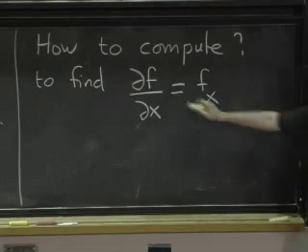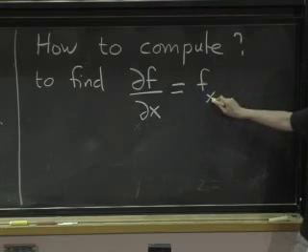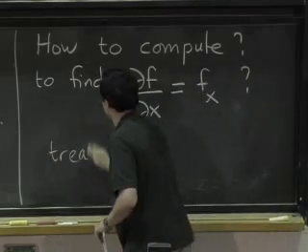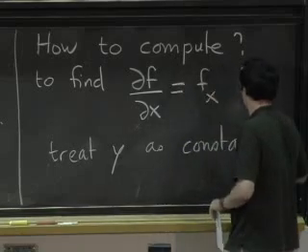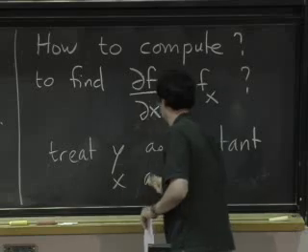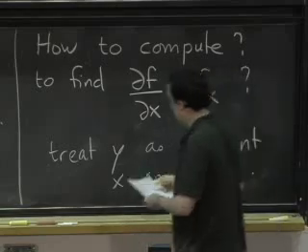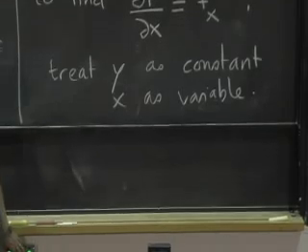So there are two different notations, ∂f/∂x or f subscript x, and they're the same thing. To compute, we just treat y as a constant and x as variable, and vice versa if we want to find the partial with respect to y.